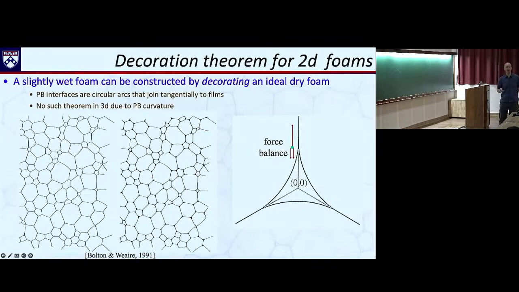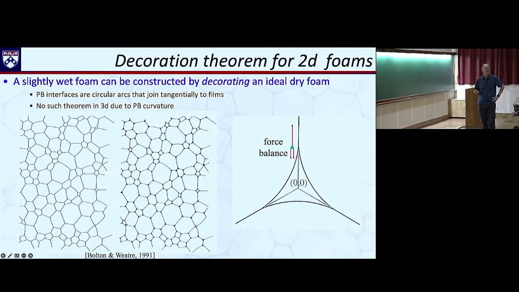Okay, so we're going to work on coarsening, and here are some facts about wet foams as background. Here's an important theorem that Denis Weaire proved along with Frederic Bolton, 1991. Take a look at these pictures.